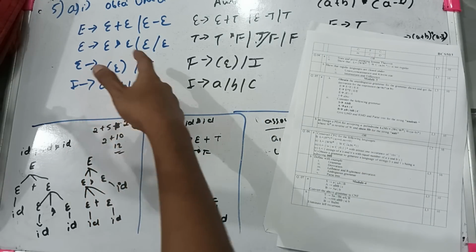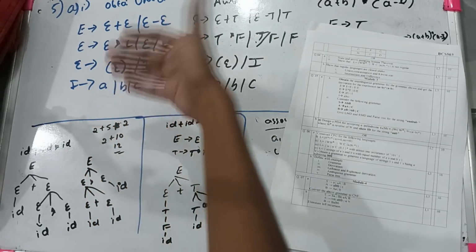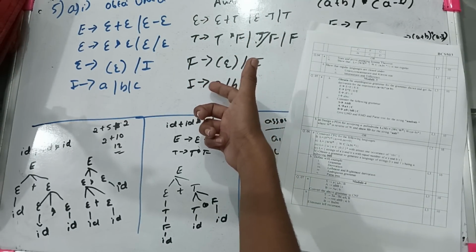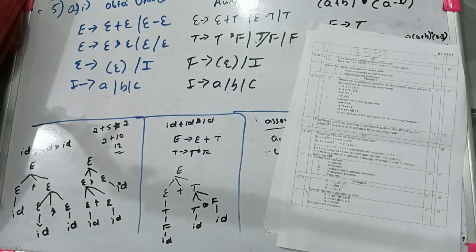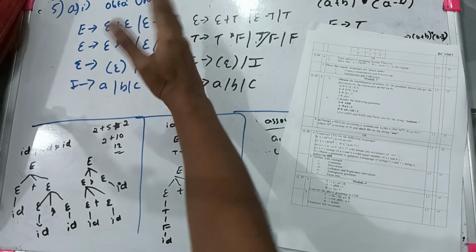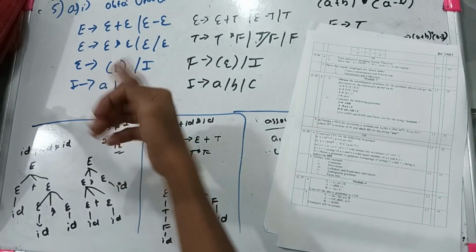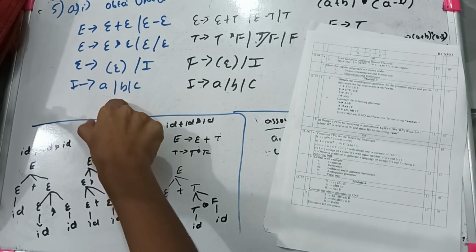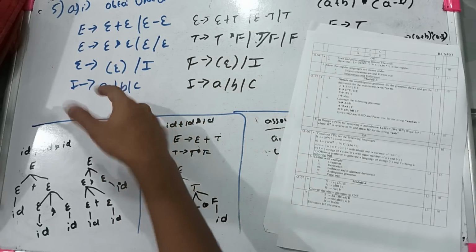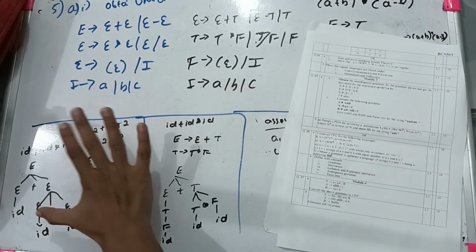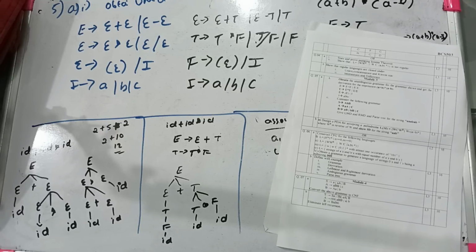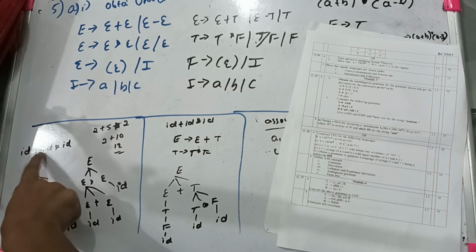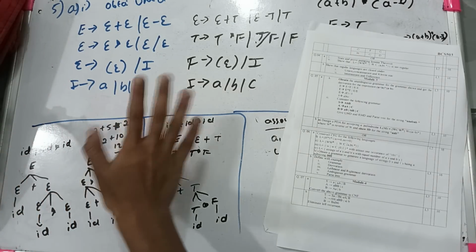We need to give an unambiguous grammar for this. What they are saying is, for this grammar obtain an unambiguous grammar, which implies that the given grammar is ambiguous. What do you mean by ambiguous? There exist two parse trees. Consider this example: id plus id star id.